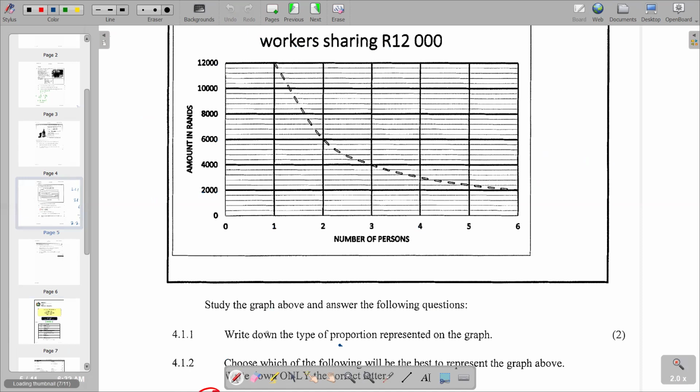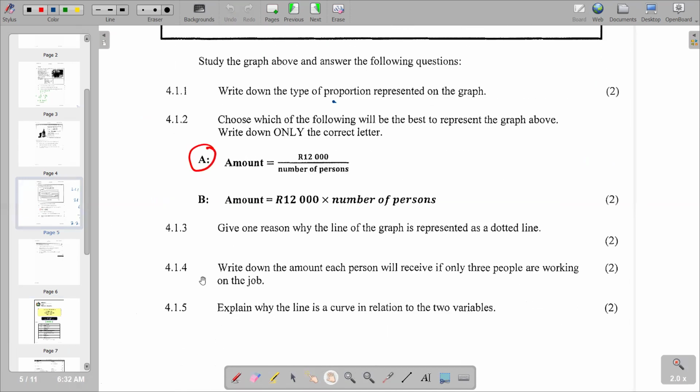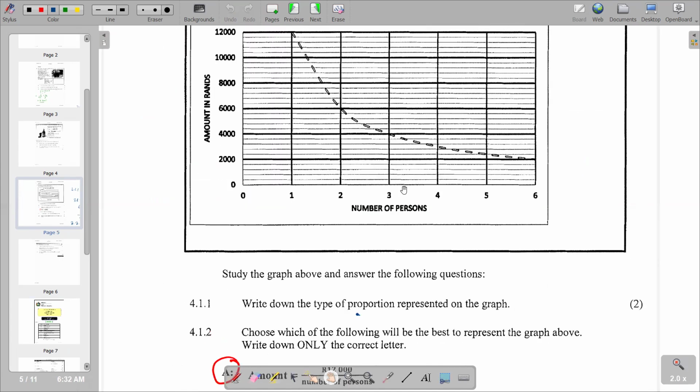Now our question 4.1.4: write down the amount each person will receive if only 3 people are working on the job. We see that 3 people is here, so we go up to see where we touch the curve, at this point that we are aiming at.